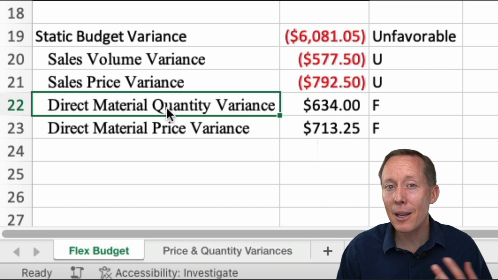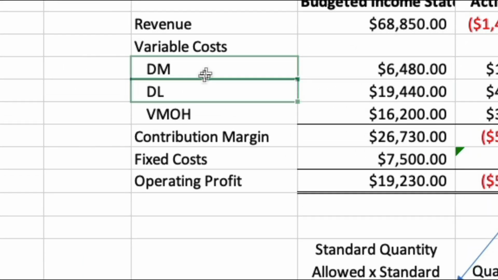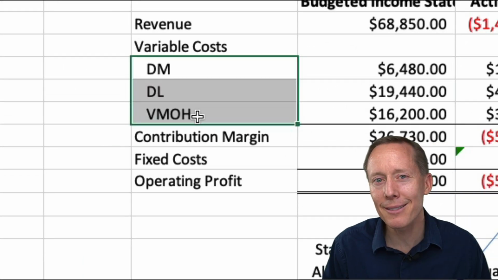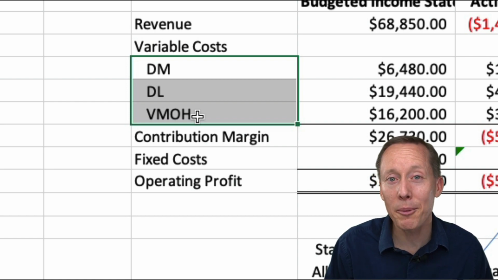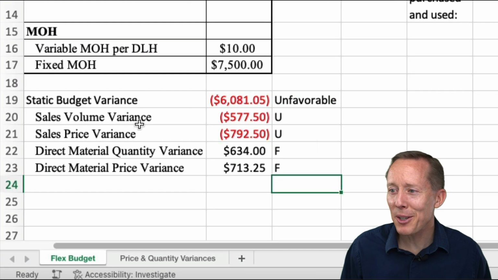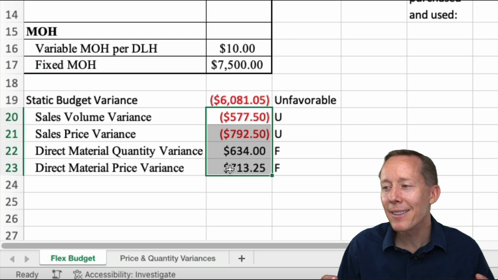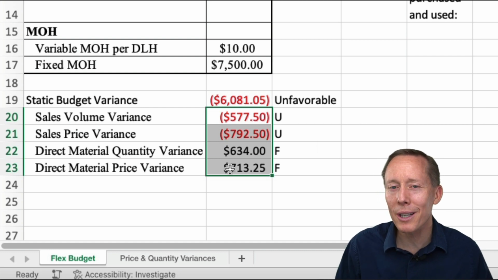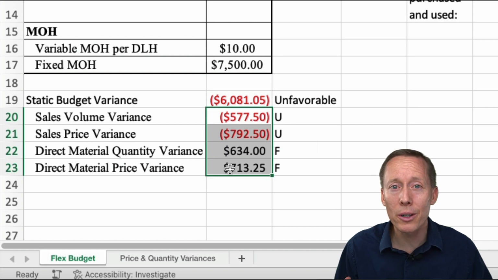And I think conceptually it's helpful to recognize that there are price and quantity variances for each of these three variable costs. So in later lessons, we'll talk about the direct labor and the variable overhead price and quantity variances. Okay, so we're making progress on taking the static budget variance and dividing it up into smaller components that give us more insight about who we can talk to discover the root of our problems or to replicate efficiencies that we have made.